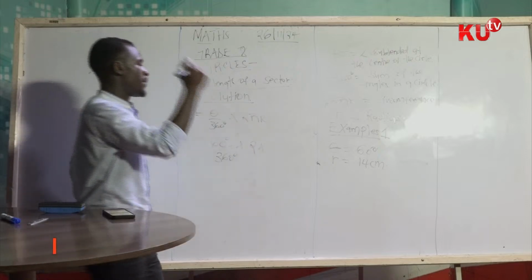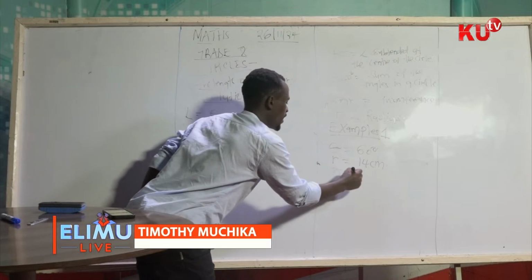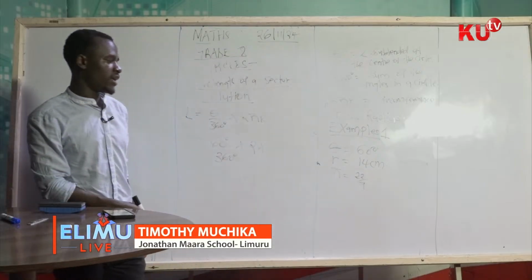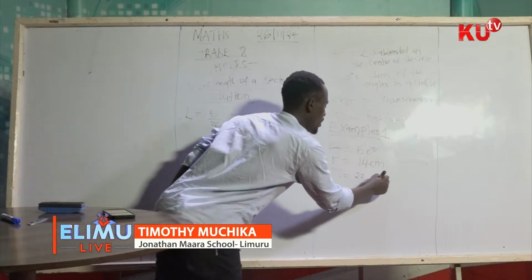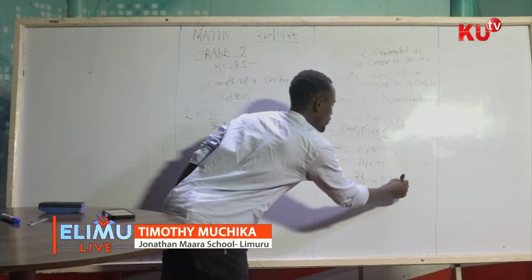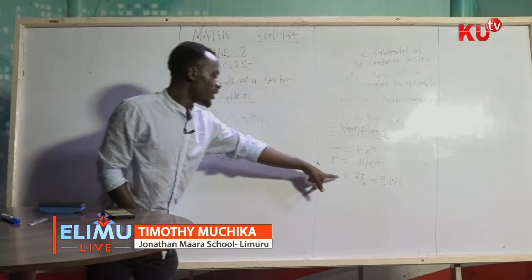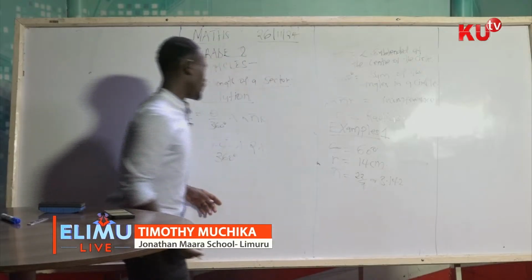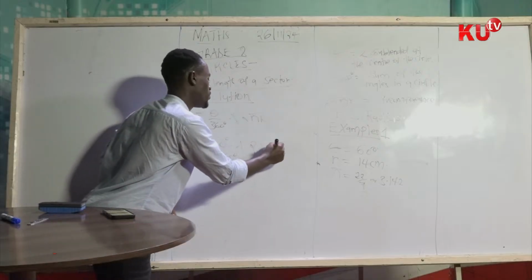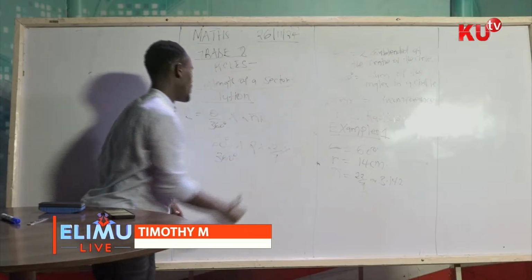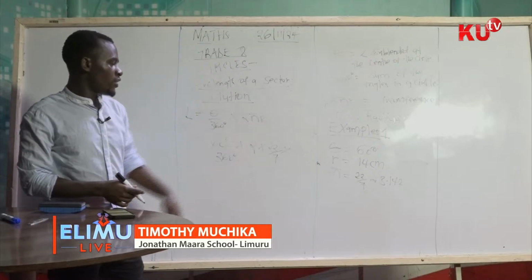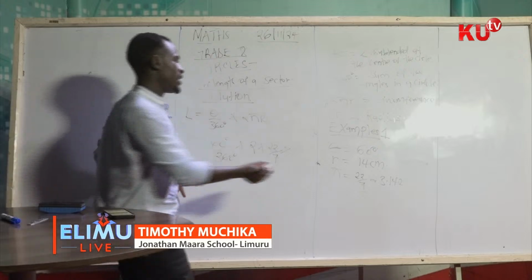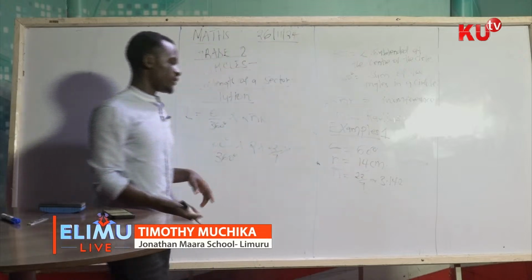Remember, pi in most cases is represented by 22 over 7 or 3.142. So where we have pi, we replace it with 22 over 7, and then by the radius, 14 centimeters.